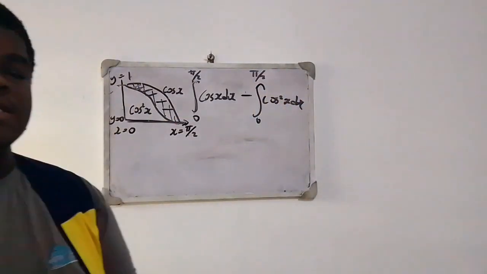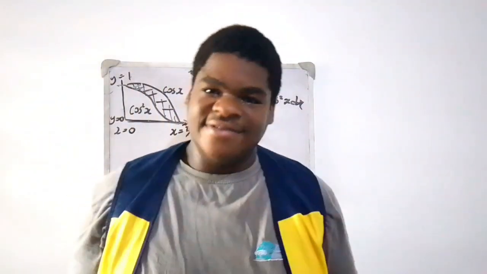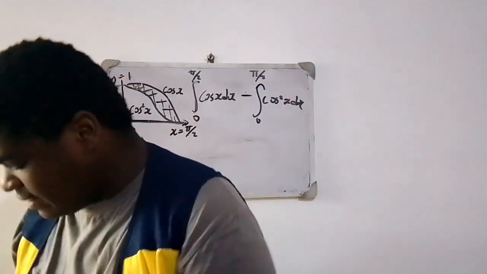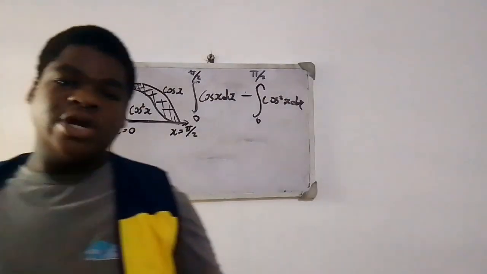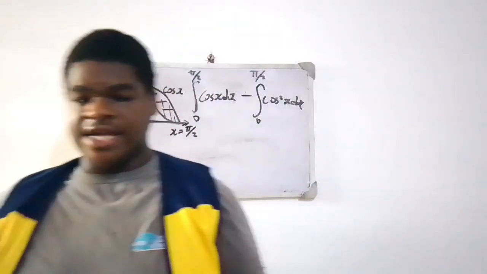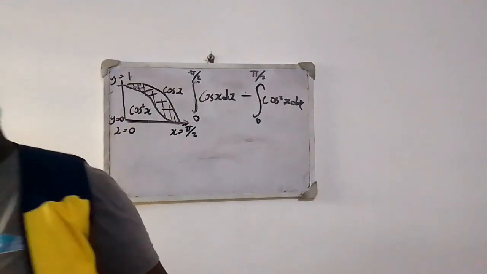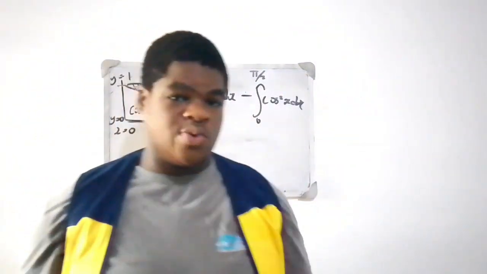What's the difference between a definite integral and an indefinite integral? Well, they are basically the same thing, just that a definite integral has an upper limit and a lower limit. If you integrate x with respect to x, you get x squared divided by 2.